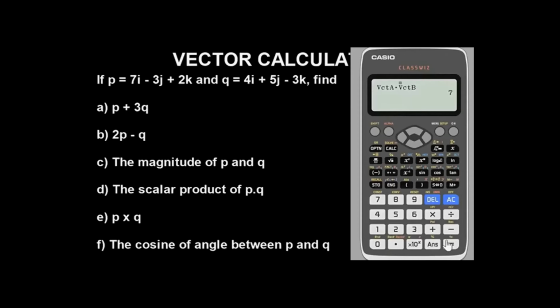So let's look at the E aspect of this question. Very interesting, guys. As simple as that, you go to option, vector A, which is 3, times, go to option, vector B. Press equal to now. You see the answer: we have minus 1i.